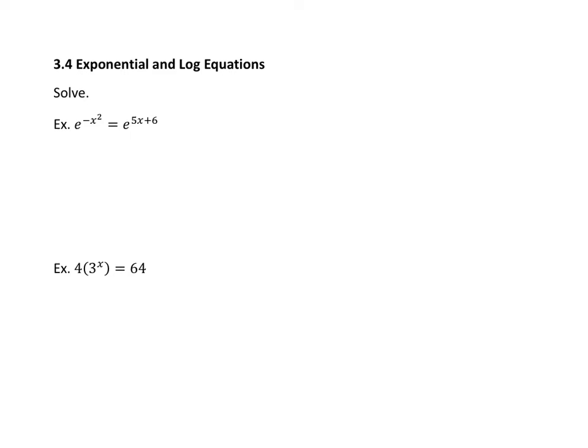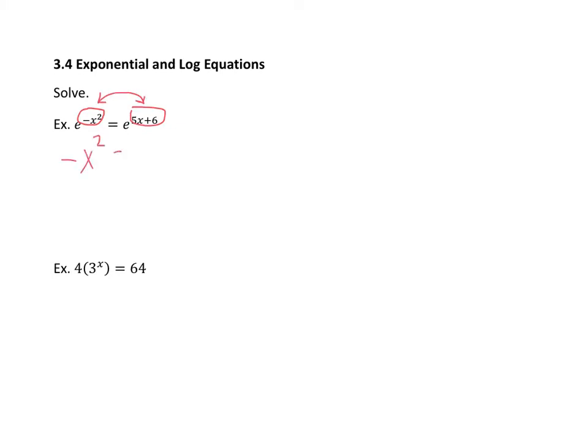The reason that we have logarithms, well, multiple reasons, but one of the reasons is so that we can solve exponential equations. So we're going to start with, this is all going to be examples of all different kinds of strategies. This first example, e to an exponent equals e to an exponent. It should be fairly clear that these two need to equal each other.